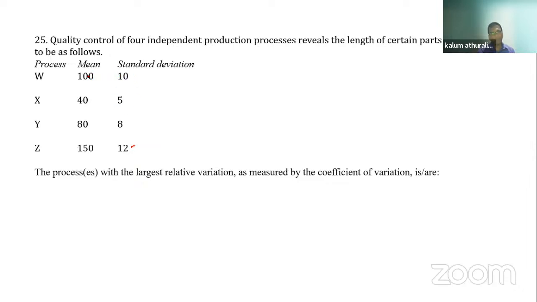Right. But means are not equal. You must calculate CV. What is CV? Coefficient of variation. How to find this? S divided by X bar into 100. Then how to find the CV value for process W? S is standard deviation, 10, divided by mean value, X bar, 100, into 100% is 10.